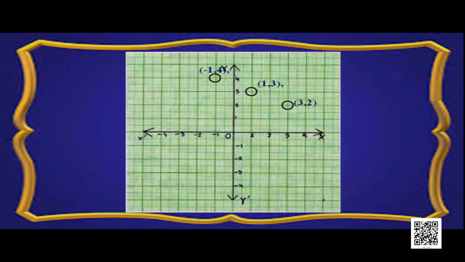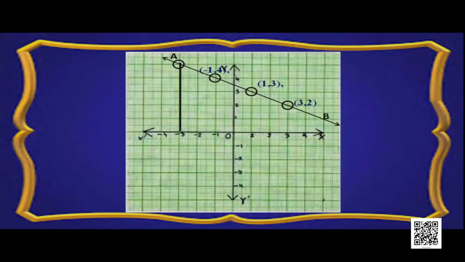Now, we have 3 points, 3 solutions, represented as 3 points on this graph, and if we join them, we can see that they lie on a straight line. So we can say that the graph of this equation is the straight line AB.